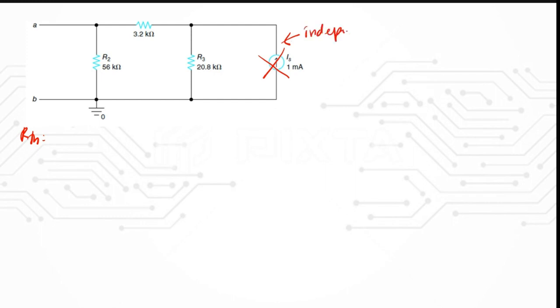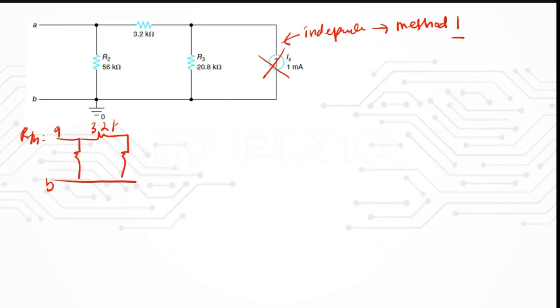For an independent source, you can use method 1. And then you can just turn off this, then redraw your circuit, right? So you will have this circuit at terminal A and B. You will have this 3.2K, 20.8K, and then you have 56K.